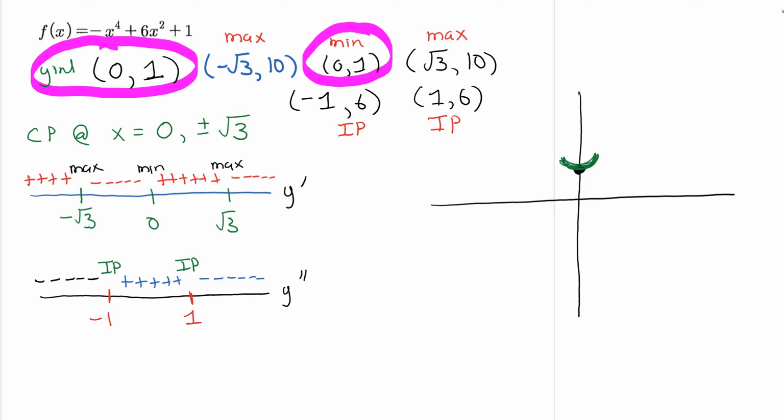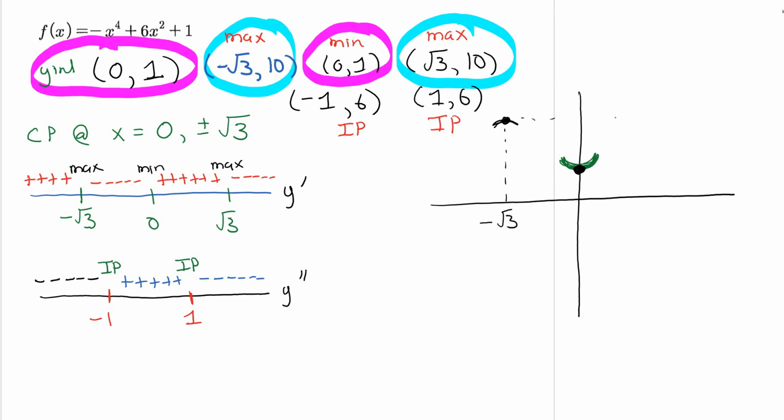And then after that, let's go ahead and plot the max points. So the max points are at -√3, 10. So maybe somewhere right here. So that's a max right there. This is -√3. And then maybe over here, this is going to be +√3, and then I have a max there as well.